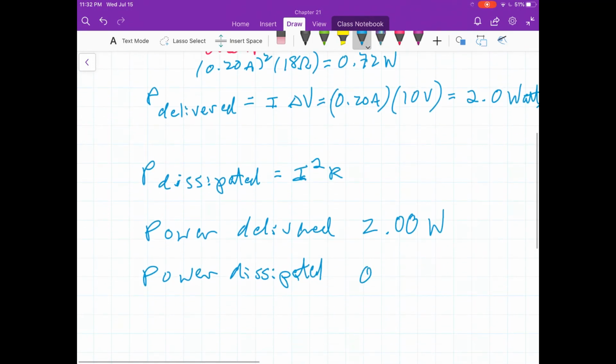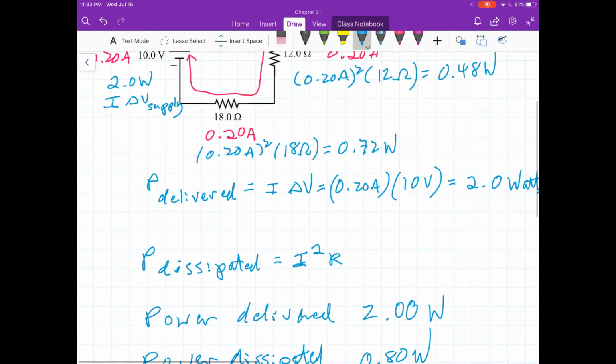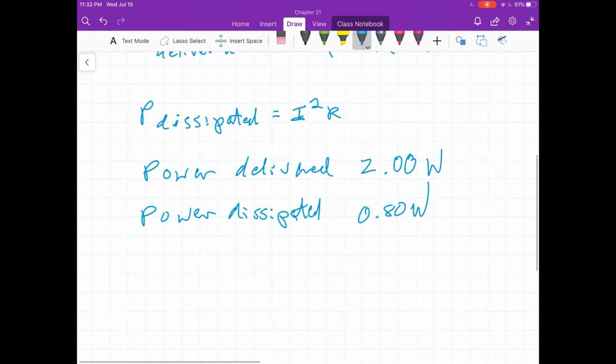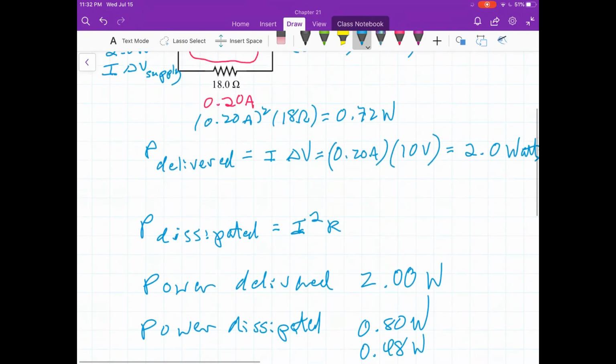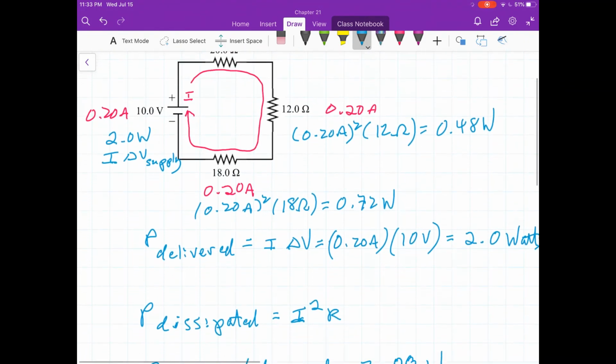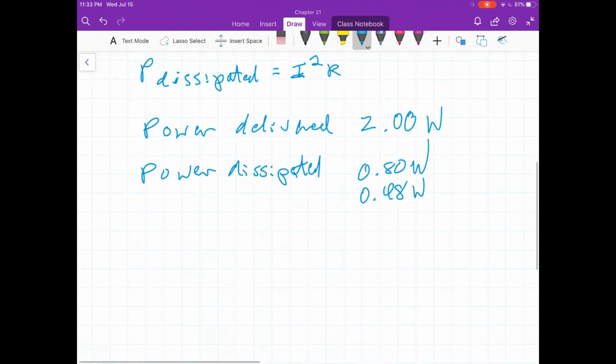There's 0.80 watt. There's 0.48 watt. Right, that's the second one. And then the third one, 0.72 watt. Of course, if you add those up, you get 2.00 watts.